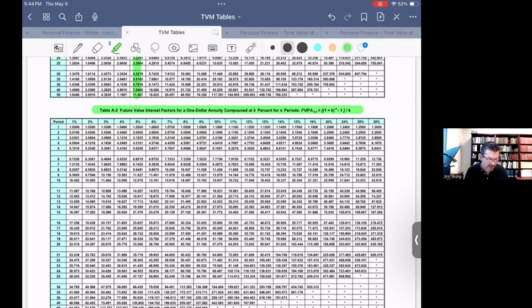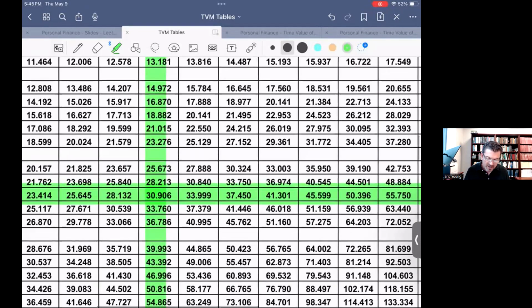Now, we're looking again at 18 and 6%. So let's take 6% and drop it down. And let's take 18 and take it across. And look what we got right there. That magic intersection point, 30.906.